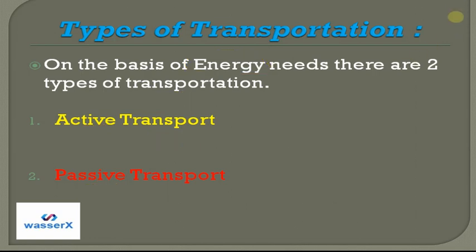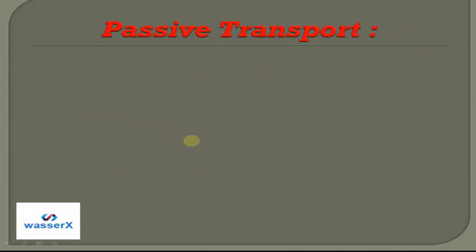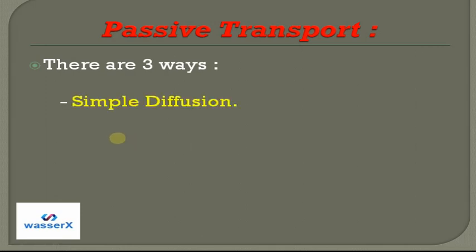Okay. Now let's see what is passive transport in this video. For passive transport, there are three ways. Which three ways? First is simple diffusion, second is facilitated diffusion, and third is osmosis.